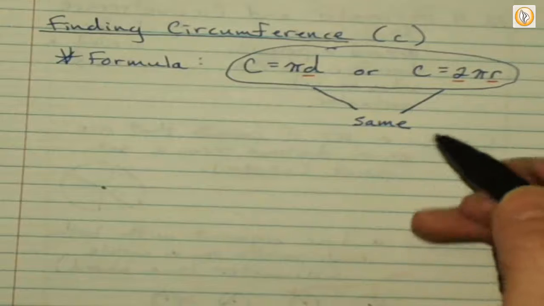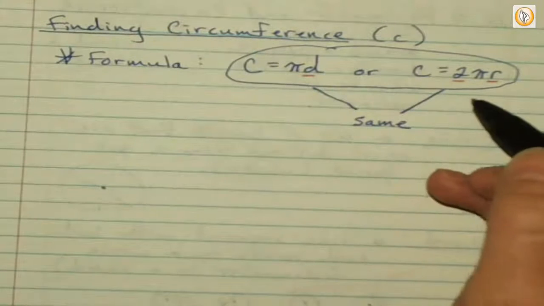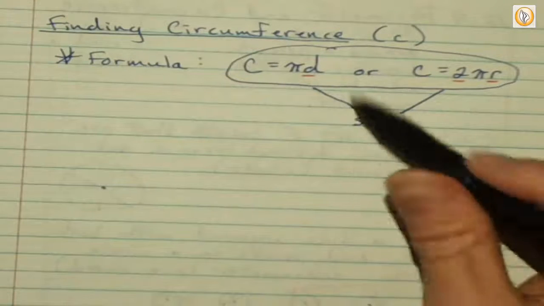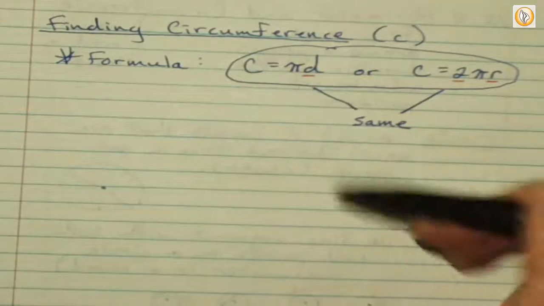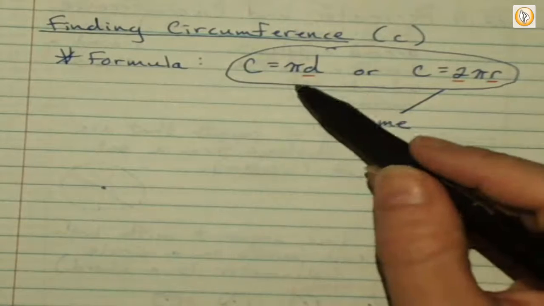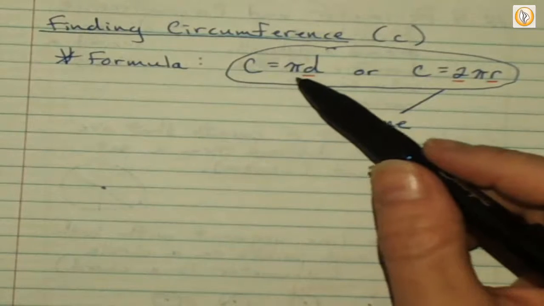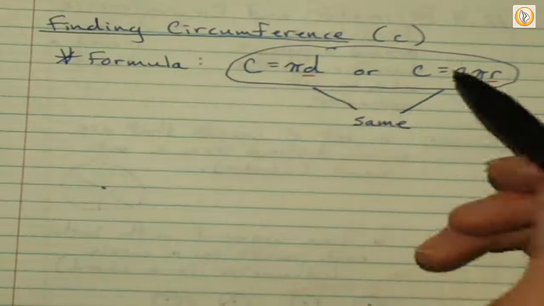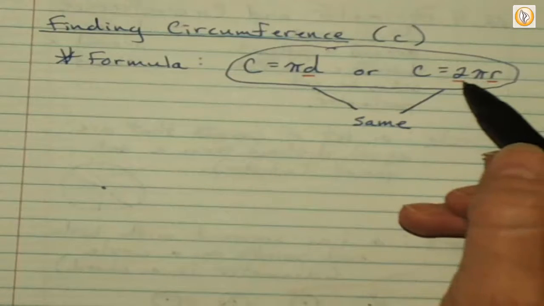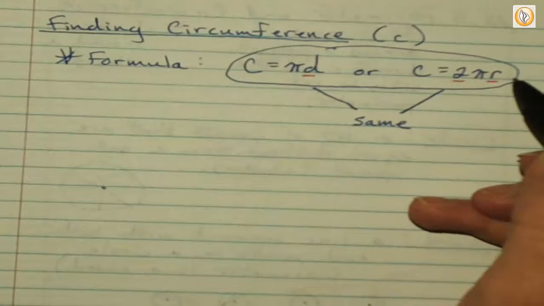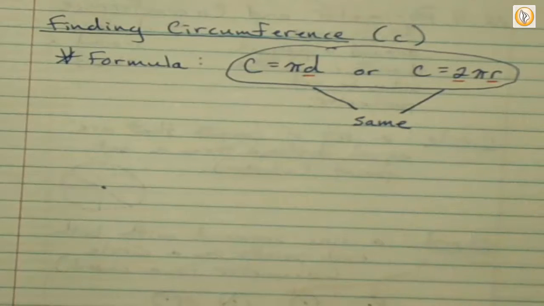So if they gave you the radius, you could still use this. You just need to double the radius. You see what I'm saying? So to find the circumference, it's either pi times the diameter, or if they gave you the radius, it's 2 times pi times the radius.